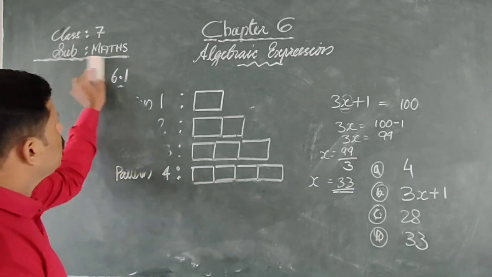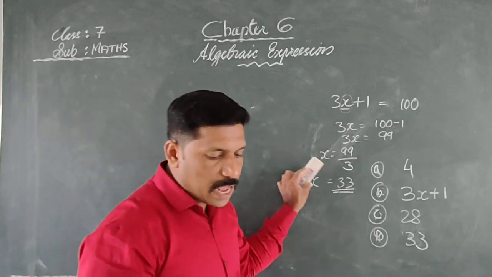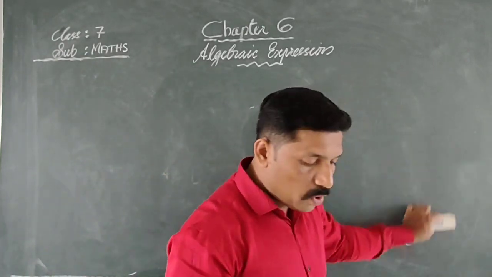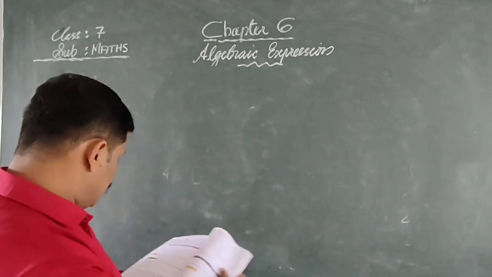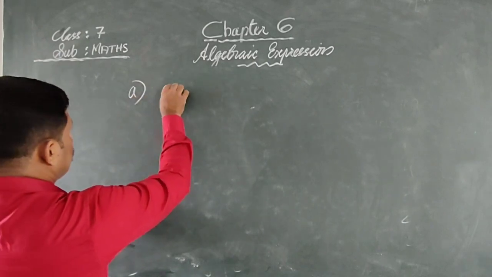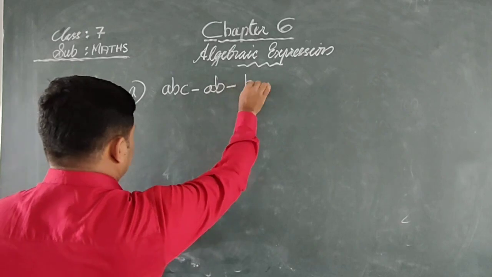Now we are going to solve the next question. What is the next question? Second question: classify the expression into monomial, binomial or trinomial. Here you can see question A: abc minus ab minus b.